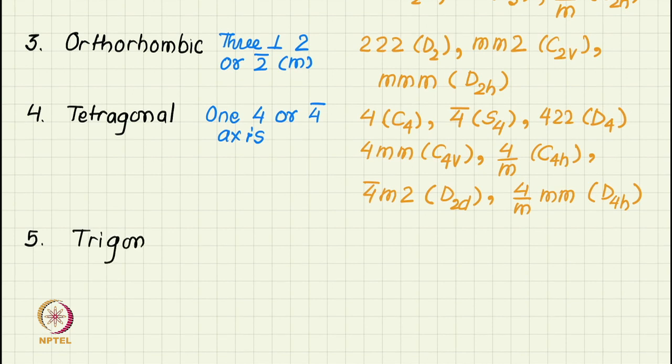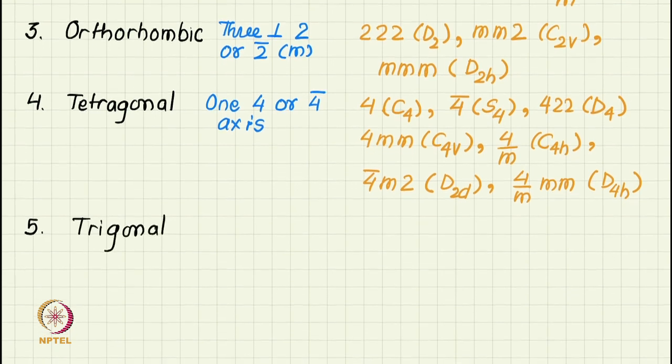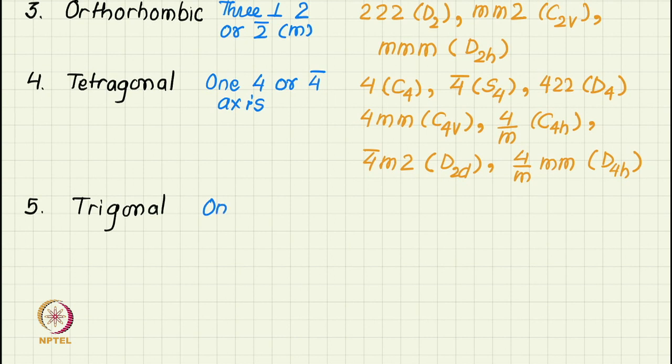And we come to the trigonal system, which is characterized by one 3-fold axis. So the point groups which will belong to this will be 3, 3 bar, 32, 3m, and 3 bar m.